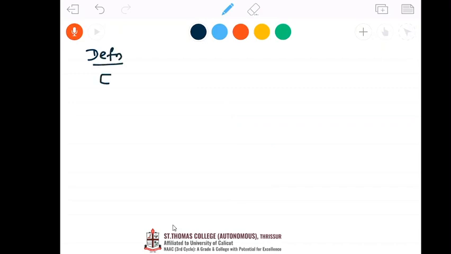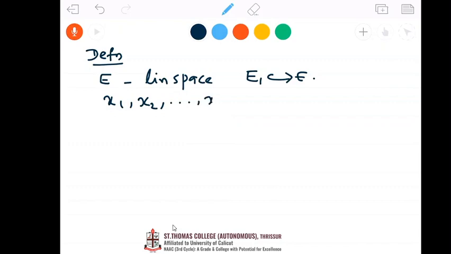Let E be a linear space and E1 be a subspace of E. Then we say that vectors x1, x2, etc., xn of E are linearly independent relative to E1.